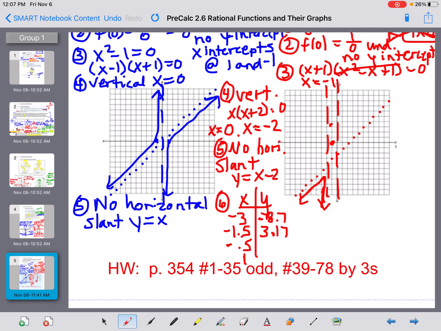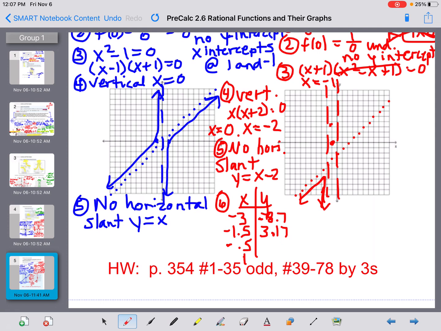Now -0.5. Cubed plus 1 divided by -0.5 squared plus 2 times -0.5.